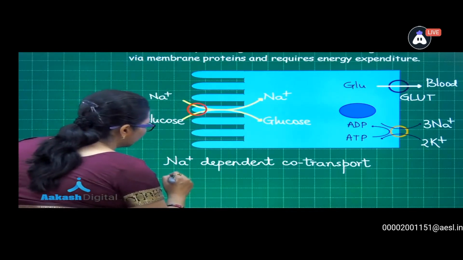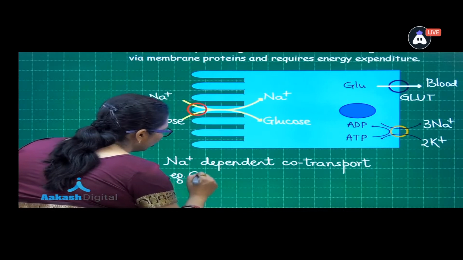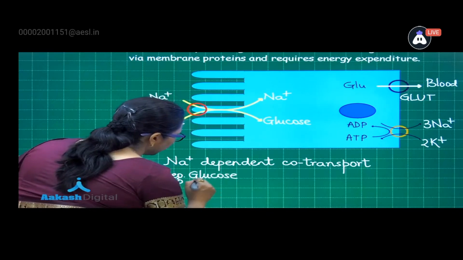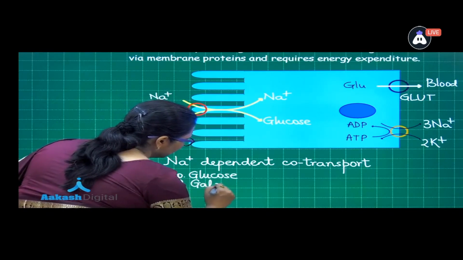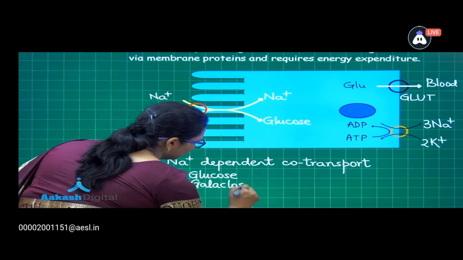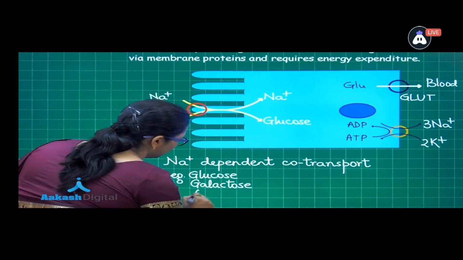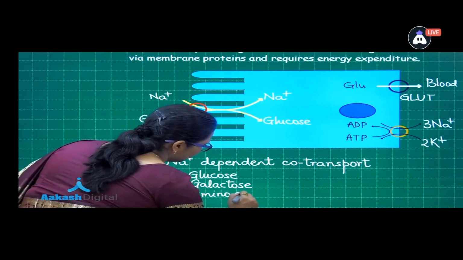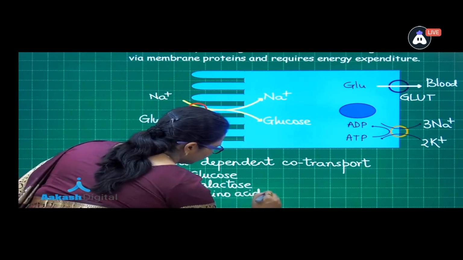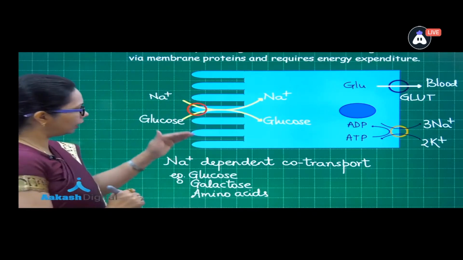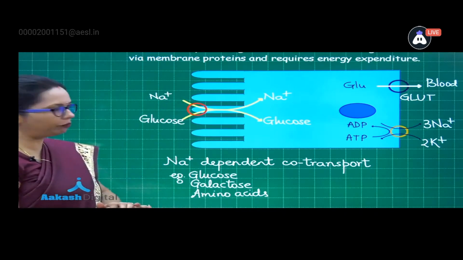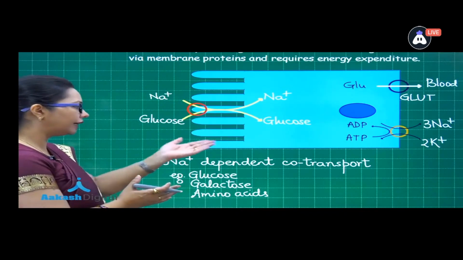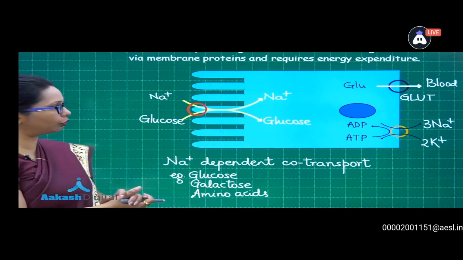Sodium dependent co-transport, that is as we have seen for glucose, then also galactose, and amino acids. So all three of these are going to be absorbed in the same manner. And this entire process is also called secondary active transport, or we can simply remember sodium dependent co-transport.